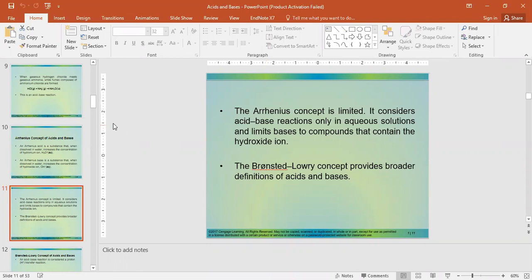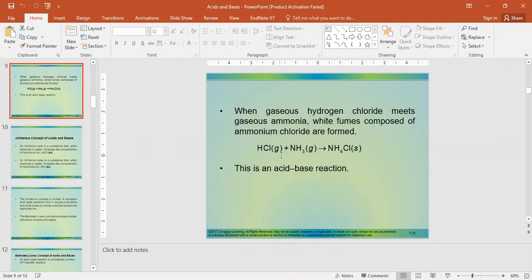Therefore, if I take you back to the first reaction that we looked at, here we will not talk about an acid-base reaction with regards to the Arrhenius concept, because we do not have an increase in the hydroxide ion, and we also do not have an increase in the hydronium ion.